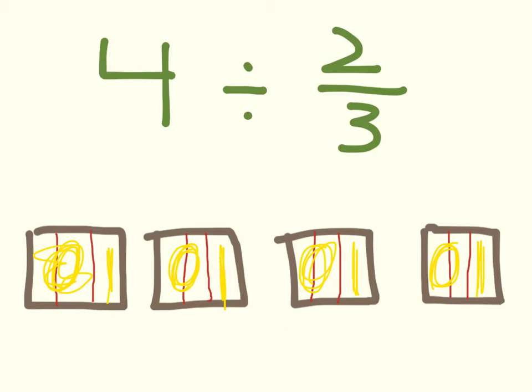Our answer would be 6. So notice, we had an answer of 12 when it was 1/3. Now it's 2/3. The 1 changed into a 2, and our answer was divided by 2. That's why it's the same as multiplying by the reciprocal. We multiplied this times this to get 12, and we divided by that to get 6.